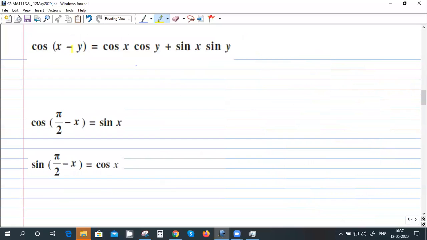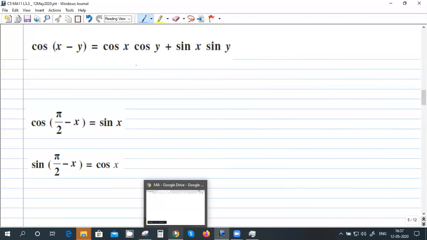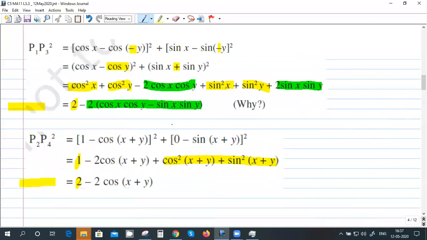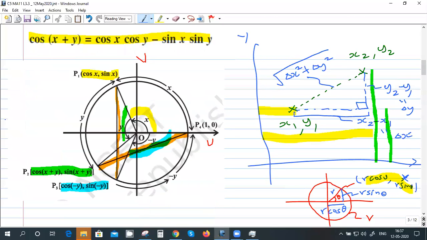Now I want cos x minus y. How can we derive this one? Same way you will take a circle. Previously we took a circle for cos x plus y.